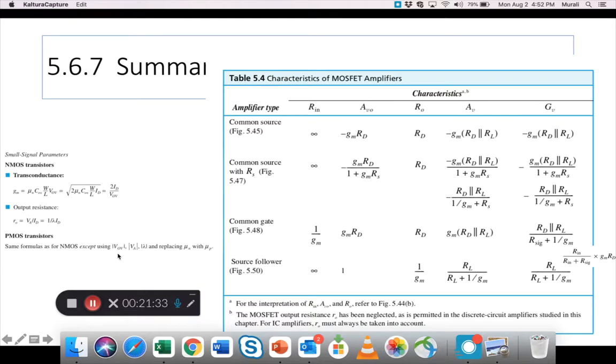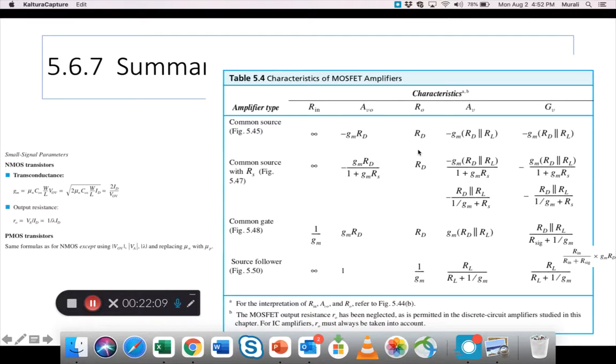Sometimes VOV can be negative, but you must ignore the negative sign and use only the magnitude for VOV, for VA, for lambda, and also instead of mu n here, which is the mobility for n-type semiconductor, you have to replace that with mu p in this formula, okay. So that gives you gm and Ro.